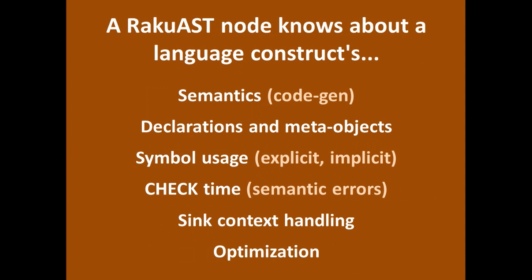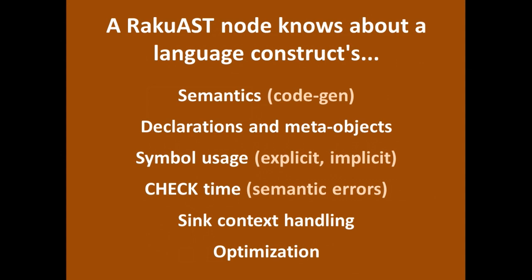So it knows about the semantics, and that is again done by defining how the node compiles into CAST. It knows if it makes a declaration, if there are any meta objects that need to be produced, things like routine objects or class meta objects and so forth.